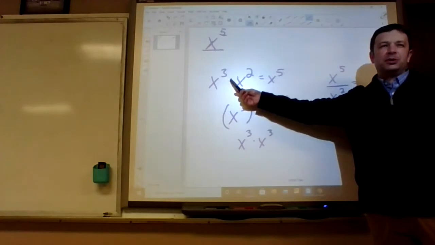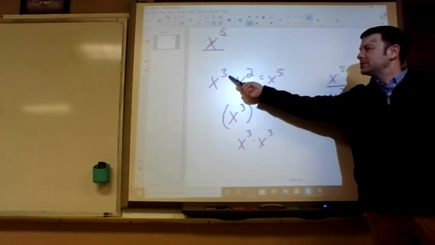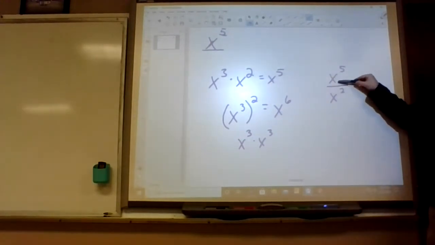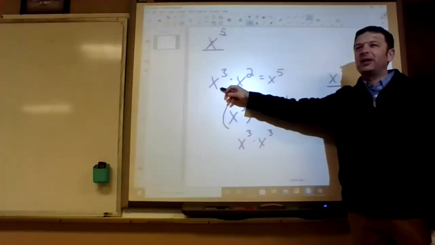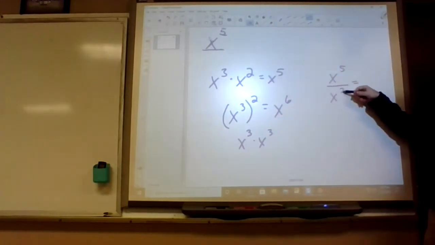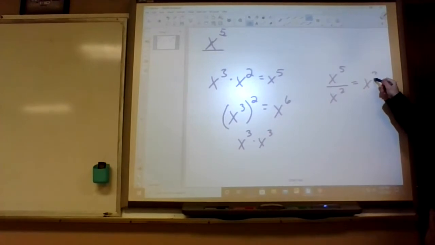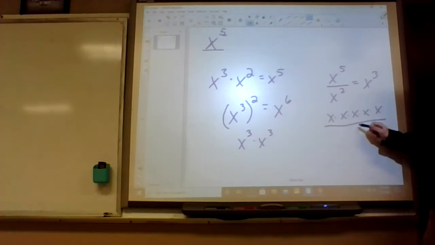When you multiply the same base, you add the exponents. When you divide the same base, you subtract: 5 minus 2. So basically we have x times x times x times x times x divided by x times x.